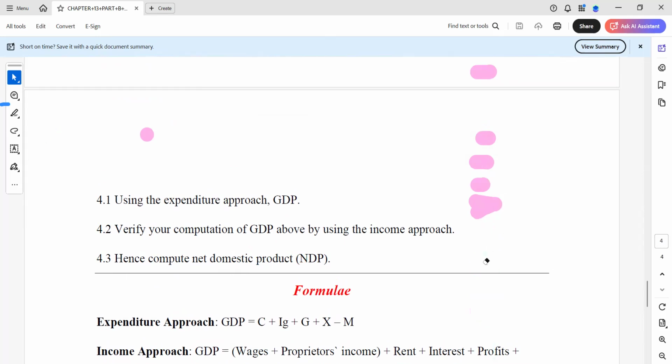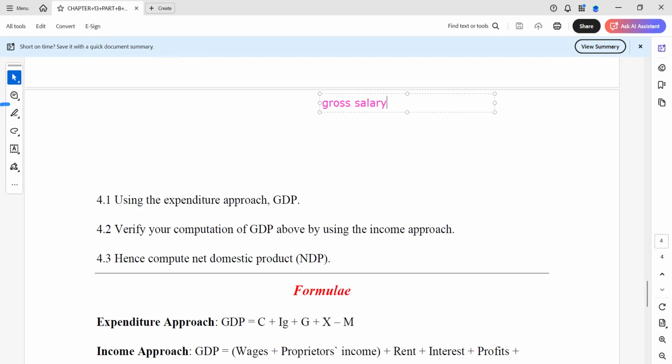Now we have to compute net. Remember, guys, when you see net, what do you think of? You think of the pay slip, right? When you get your pay slip, you would have something like gross salary.